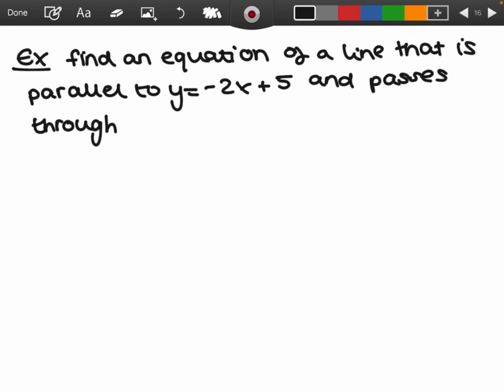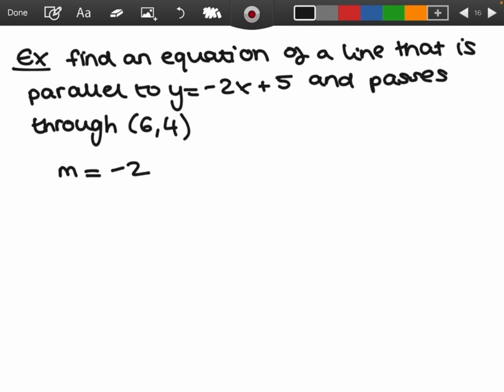We've found the line that is perpendicular to it that passes through that point. Now I want to find the line that is parallel to it that passes through that point. Well, my slope this time has to be the exact same slope as my original equation in order to be parallel to it. So I know m is negative 2.